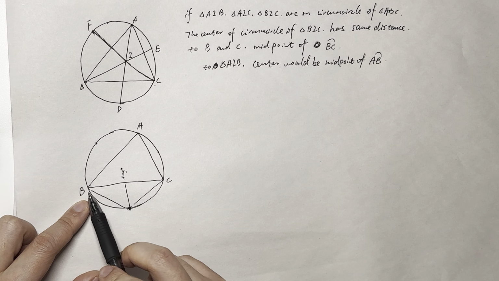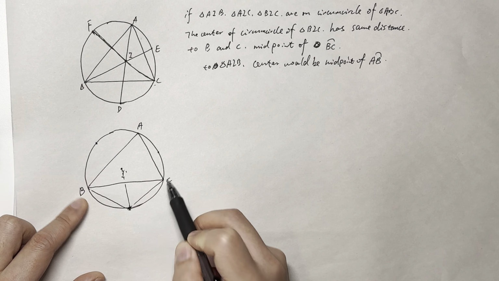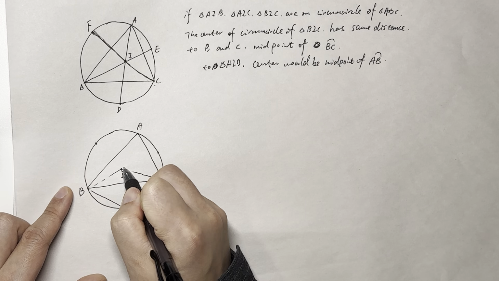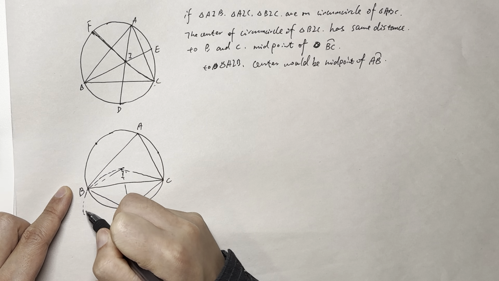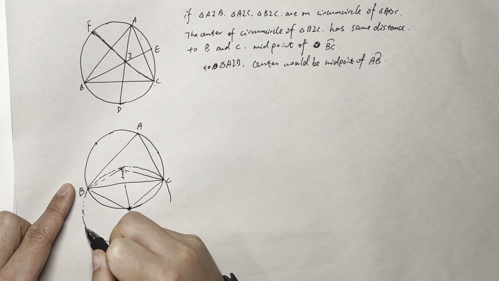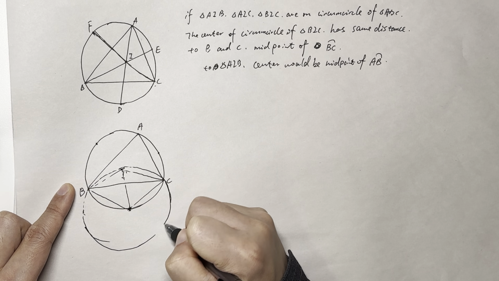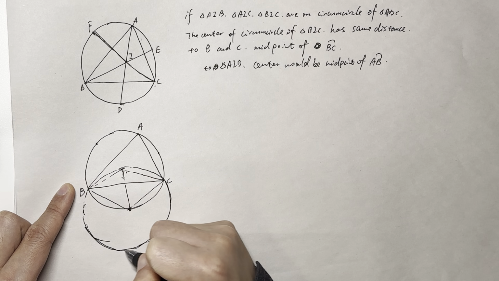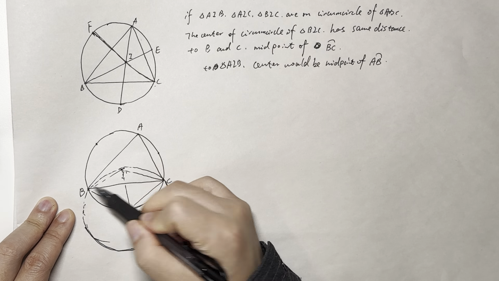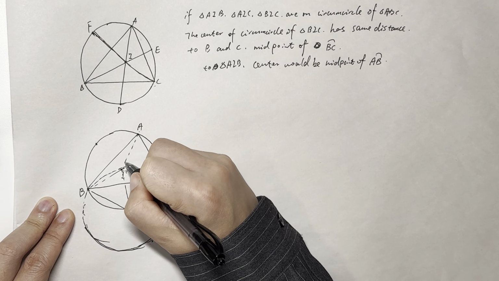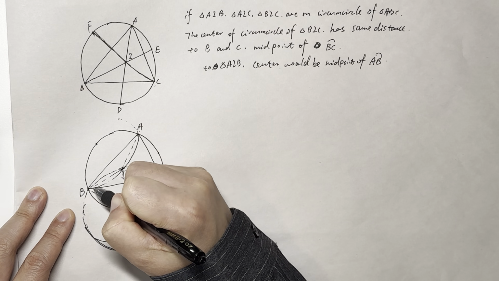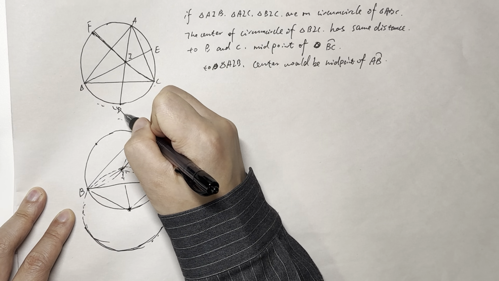If I look at the triangle BI prime C, and we know there is a circumcircle for it, right? And for the triangle BI prime A, we have another circumcircle.